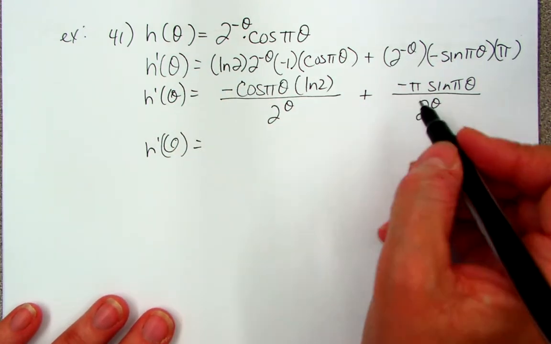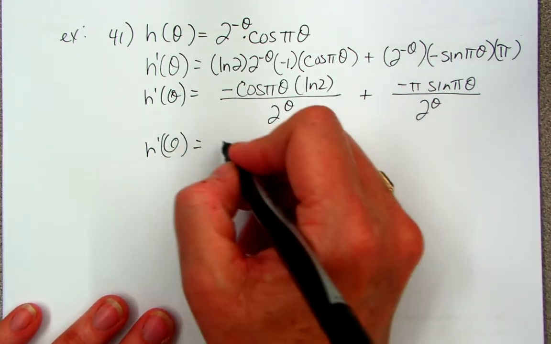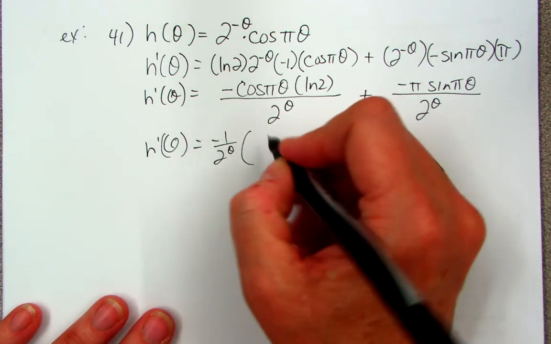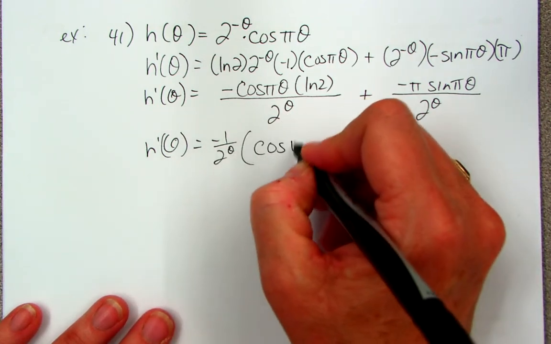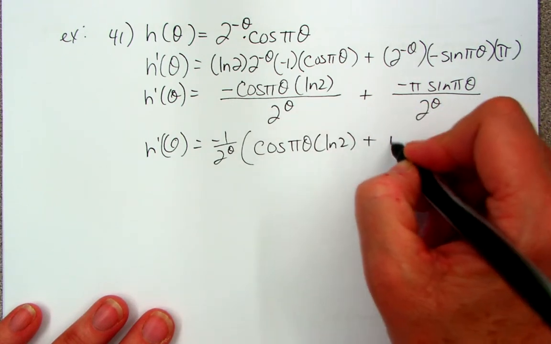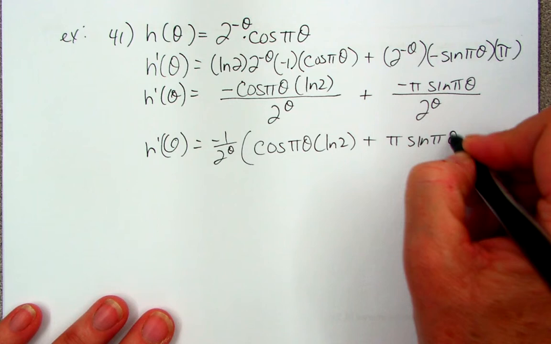So I'm going to factor out a negative and the 2 to the theta. So negative 1 over 2 to the theta power times cosine pi theta times natural log of 2 plus pi sine pi theta.